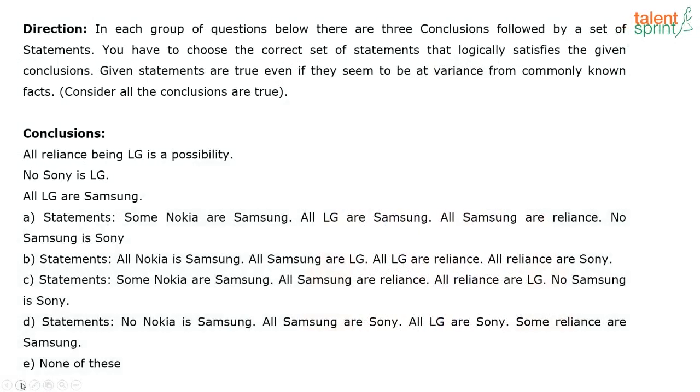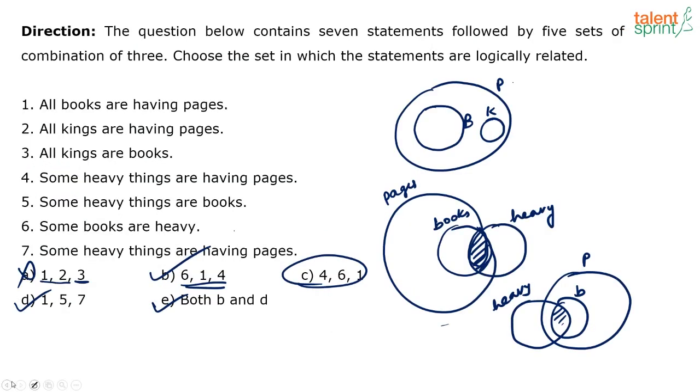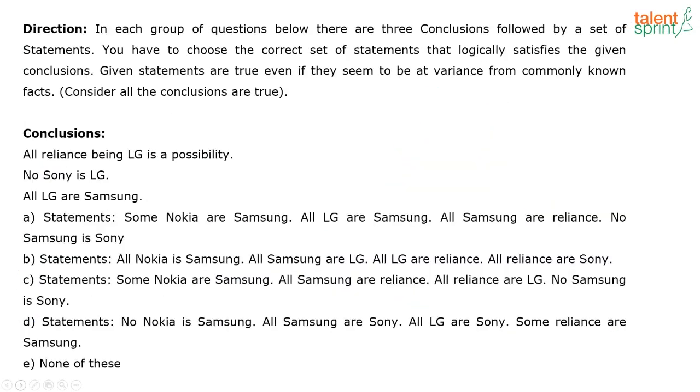The first thing to keep in mind is this. If you have a negative conclusion, where will you get it from? A negative conclusion will always come from a negative statement. So the first thing to do when you get a reverse syllogism question is check the conclusions.